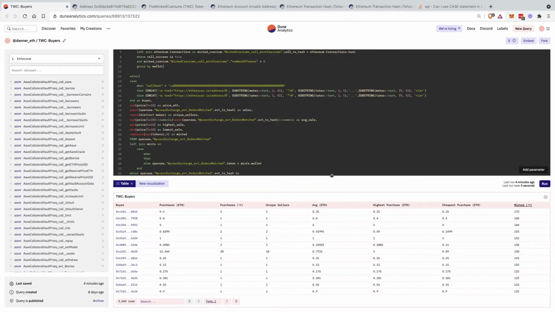Let's try it without the equals 1. So we're just going to grab the same condition. And in this case, we're going to want to join on the maker instead of the taker.